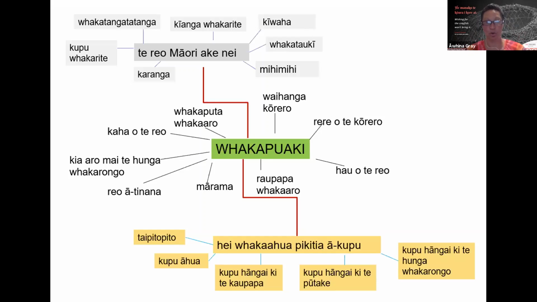Ana, te tiro, whoa. I can certainly see in that, I can see quite a few lessons in that. That's certainly not going to happen all at once. If I was planning for this, and this is what we were going to do, and do some work around this with my year 11 students, then I can see, you know, if we're not sharp on te reo Māori ake nei, or actually we need to do some, we've done some work on kupu āhua, and my students aren't too bad at that, but I think we can do some more work there.